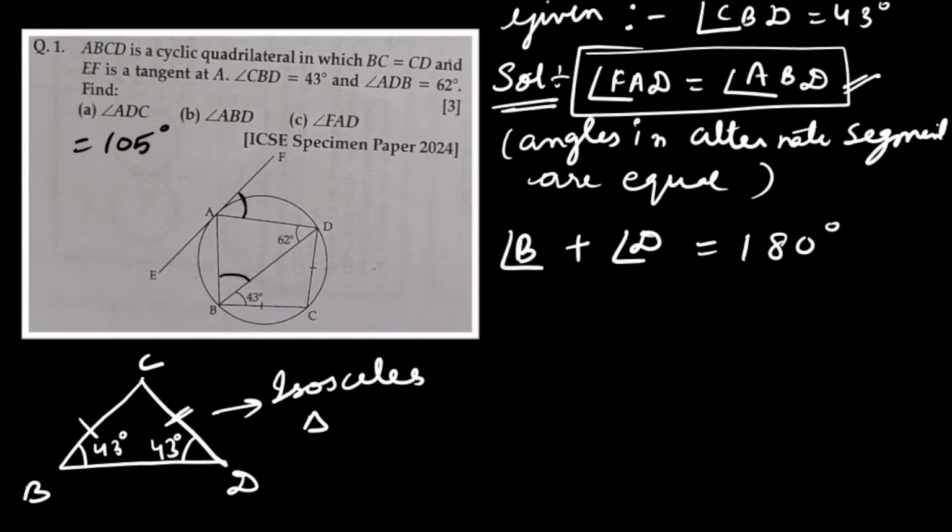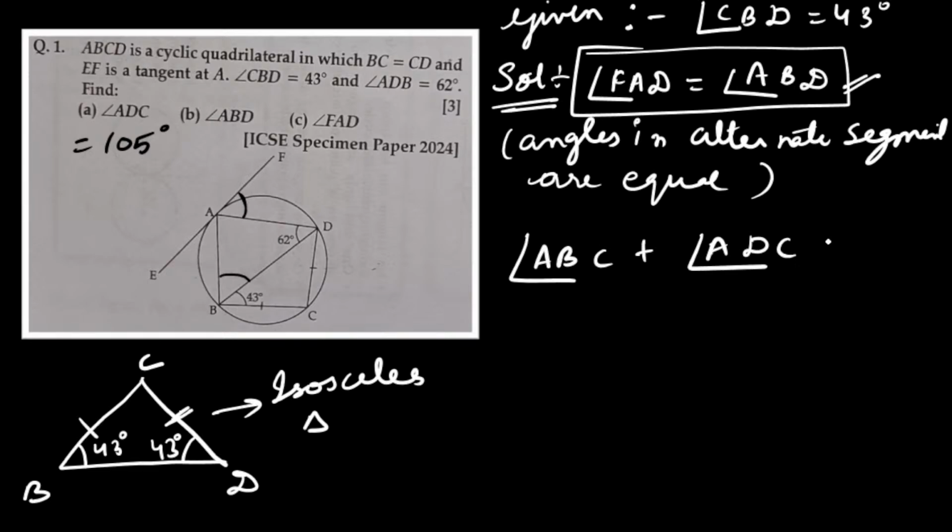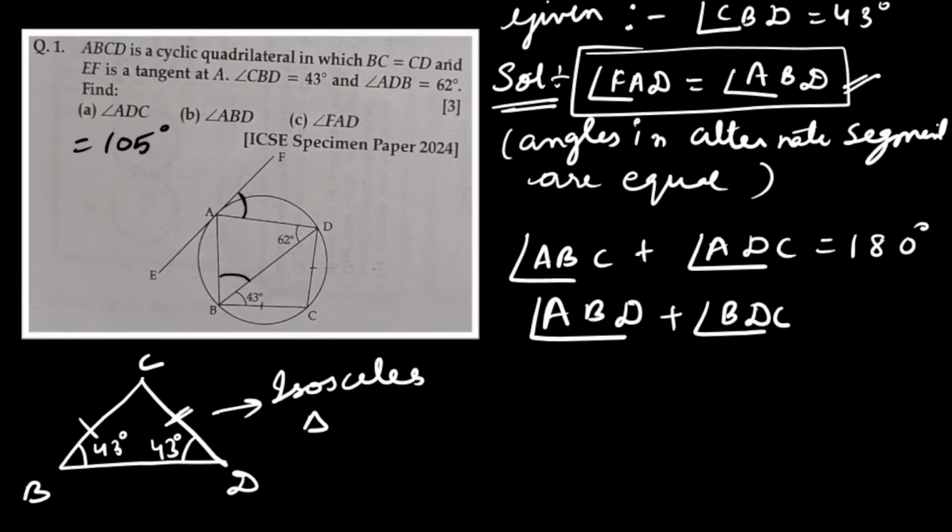So B plus D. B is, full name I'll write here, angle ABC plus angle ADC. This is equals to 180 degree. ABC, again it's a mix. It is ABD plus BDC.